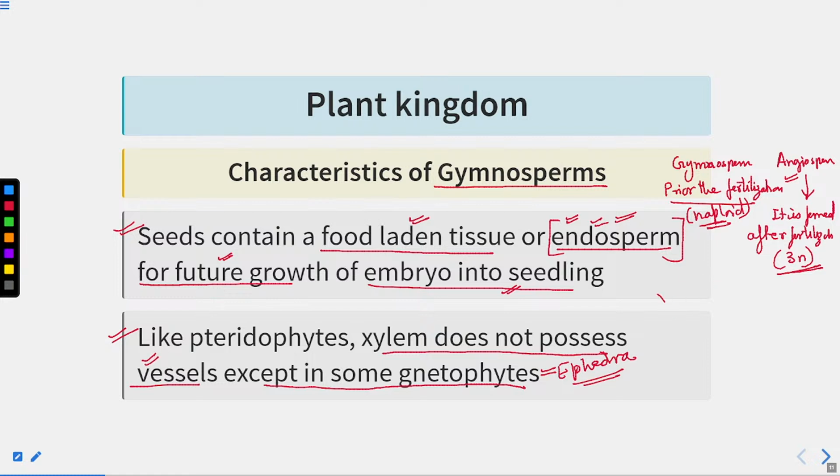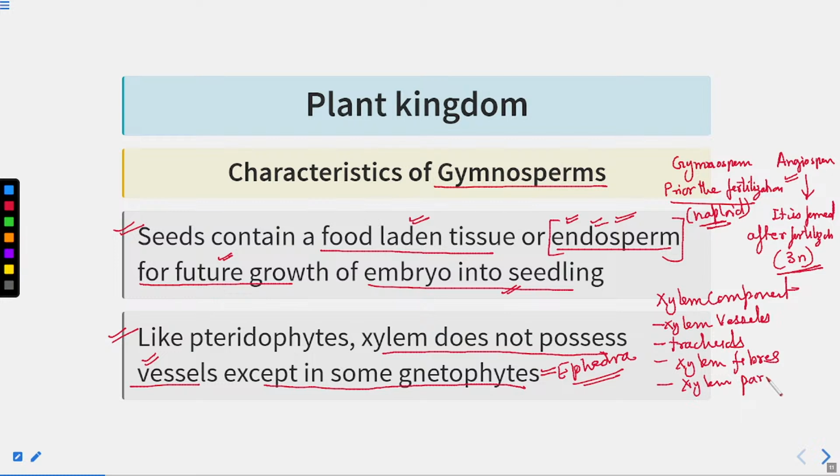So if we talk about the xylem component, what are the components of the xylem? Xylem vessels, tracheids, xylem fibers, and xylem parenchyma.